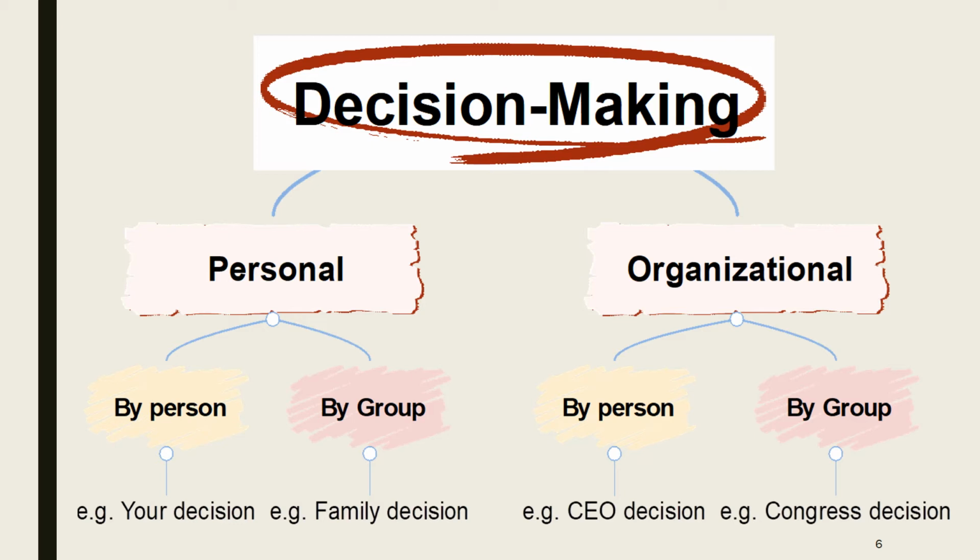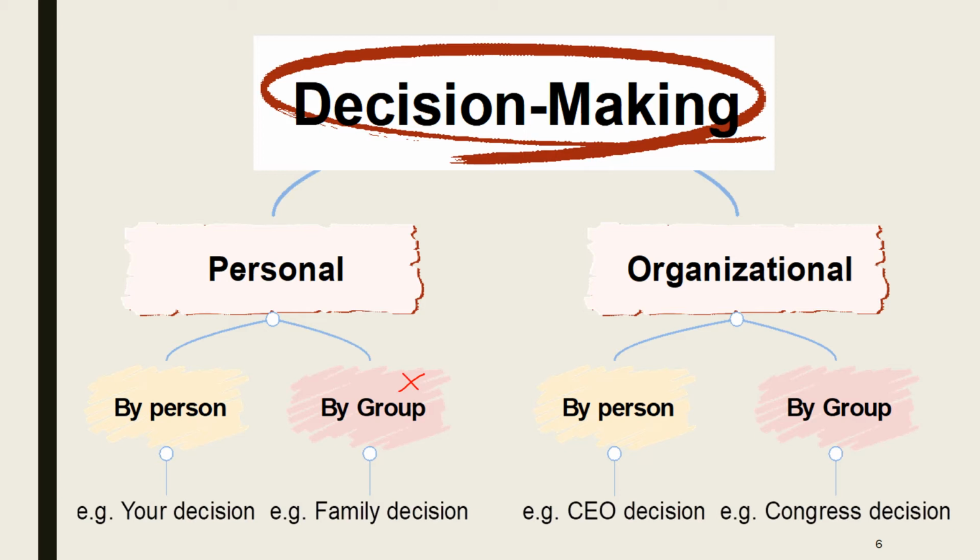It's similar to something that you will decide about. It's your decision about your lunch today. It's your decision to go on that trip or not. So in this case, it's a personal decision on a personal problem. On the other side, we can find a personal problem that is decided by a group.